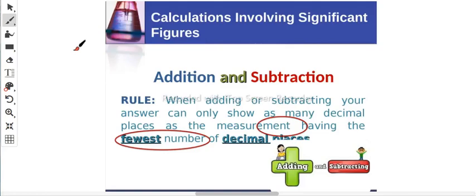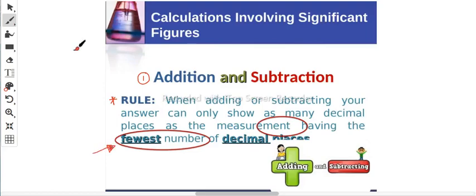We're going now to start with the first situation, whenever you want to add or to subtract. What's the rule? When adding or subtracting, your final answer can only show as many decimal places as the measurement having the fewest number of decimal places. So you need to make sure of counting the decimal places number.